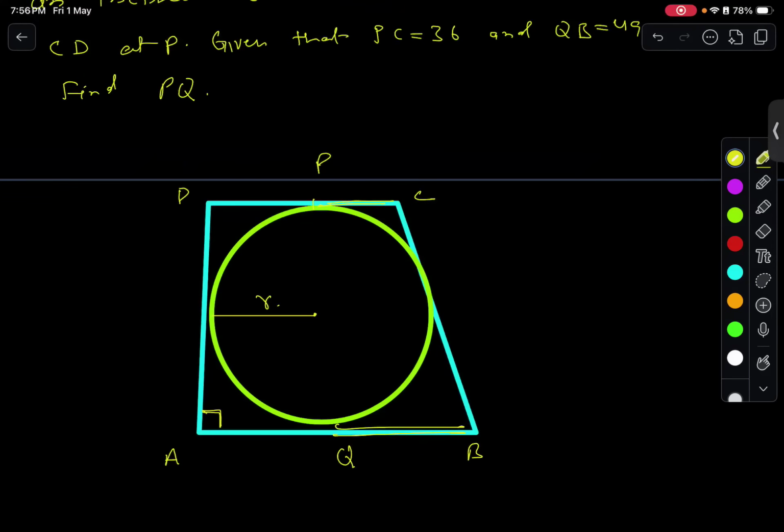See, this is given, this is radius R, this is radius R, this is radius R, this is radius R. Okay, all are R. So if I join this, this is 2R. This is nothing but 2R. This is 90, this is 90.